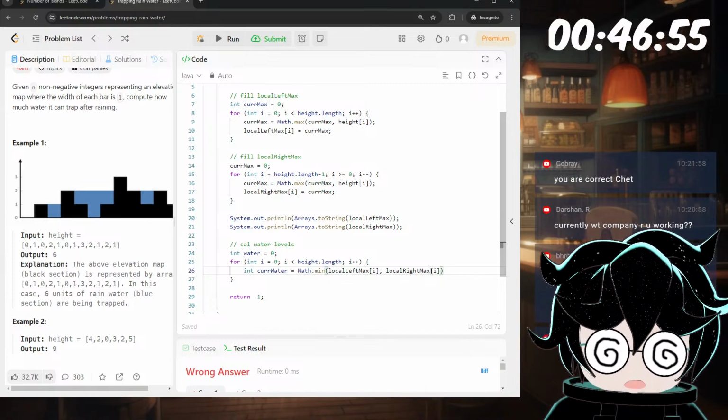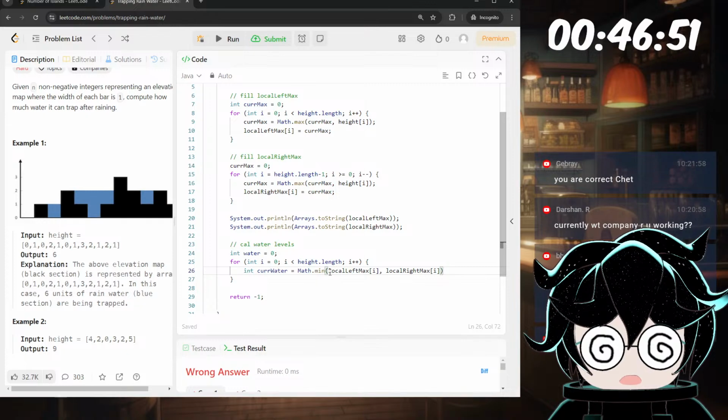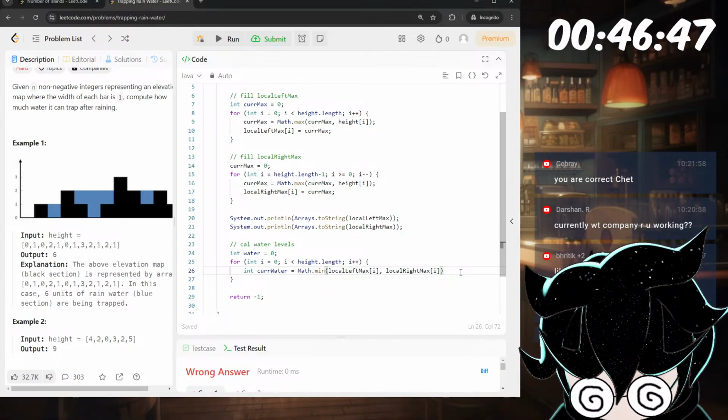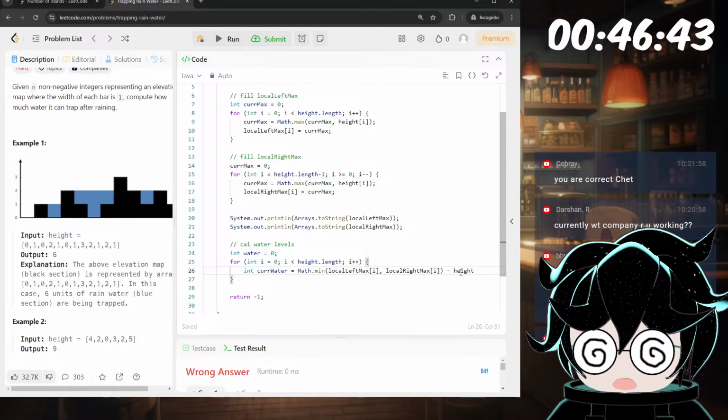Because that's what governs how high my water can go. The min of the max of my right and left. Minus my current height, my ground level.